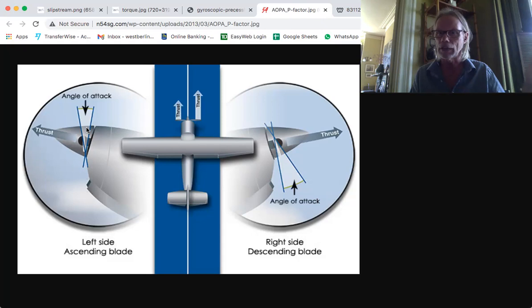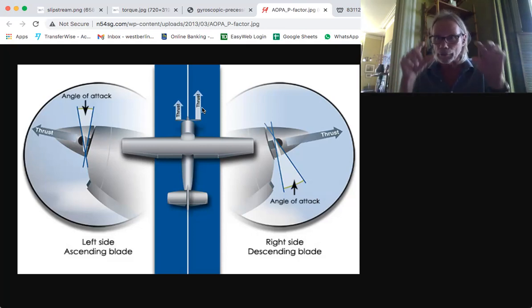So you've got the left-hand blade reducing its angle of attack, giving less thrust, and the right-hand blade increasing its angle of attack, creating more thrust. When you pitch the nose up, the thrust is asymmetrical because the two blades have changed their angles of attack. The left blade has a lesser angle of attack. The right blade has a greater angle of attack.